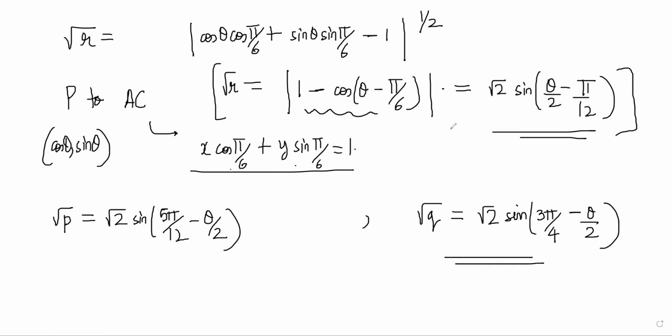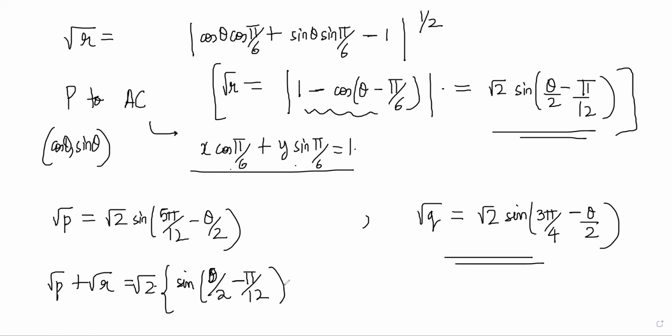So once we have these three, it is trivial to prove that root P plus root R is equal to root 2 times sine of theta by 2 minus pi by 12 plus sine of 5 pi by 12 minus theta by 2.